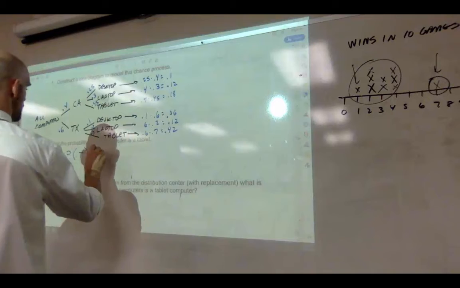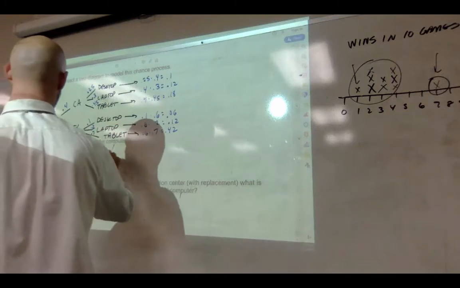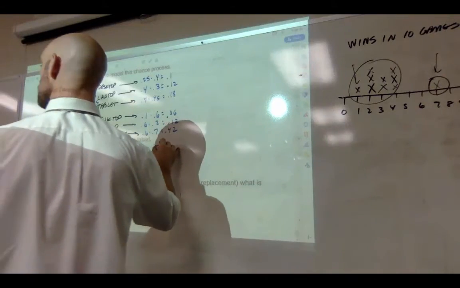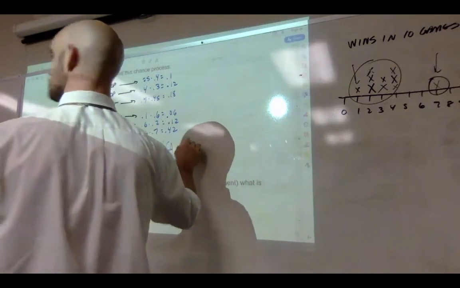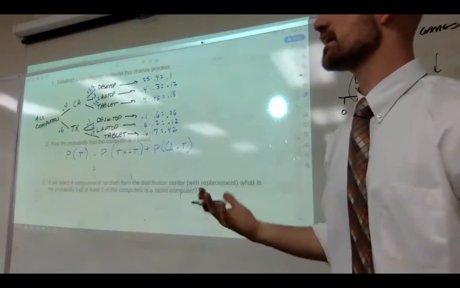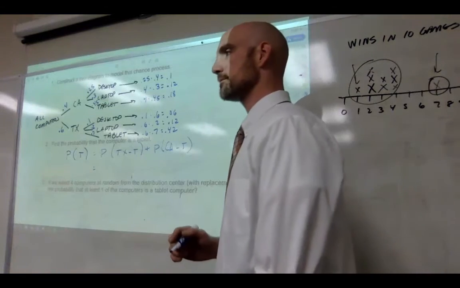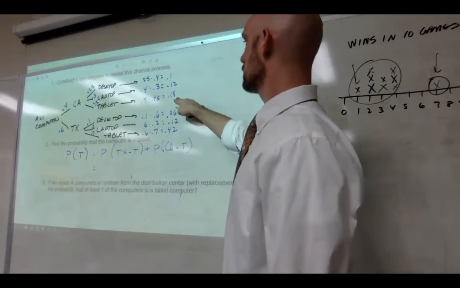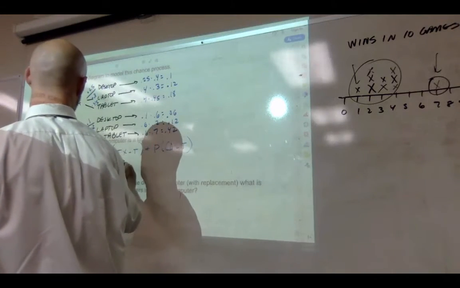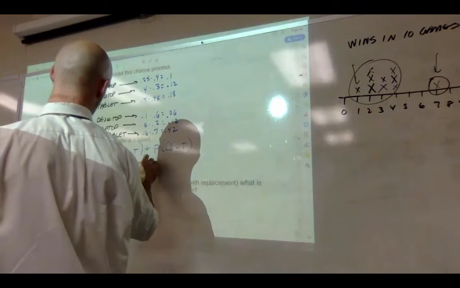That's the probability of a Texas tablet plus the probability of a California tablet, right? What are the two numbers that go into that? Where do I find that information? On the branches, right? So Texas tablets plus California tablets, 0.42 plus 0.18 is equal to 0.6.